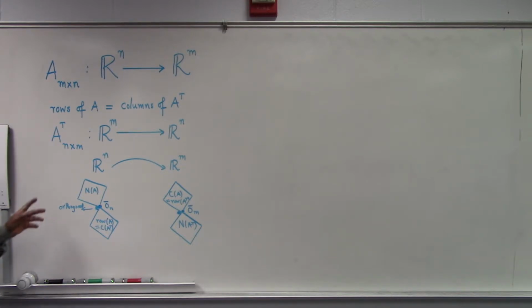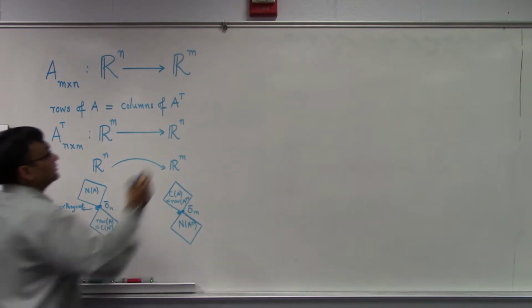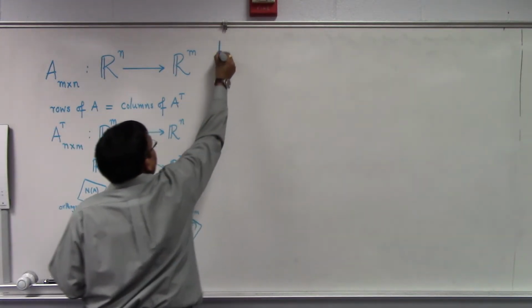And the good part of splitting it into orthogonal components is that those components do not interfere with each other's action. So you can just look at one component and totally control its action. Look at the other component, you can control its action without any interference from the other. So these kinds of splits are usually very helpful.